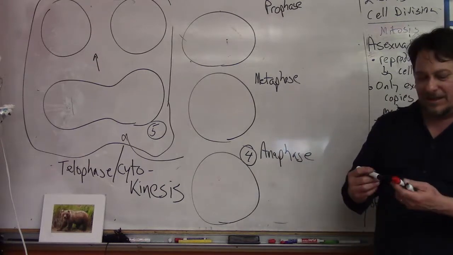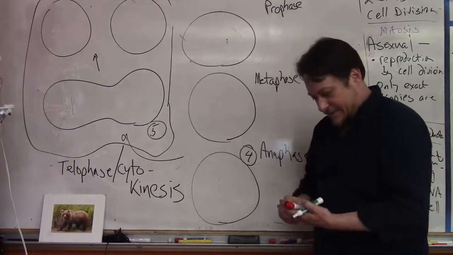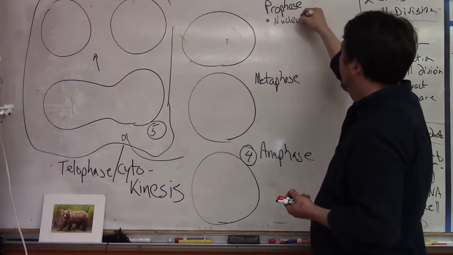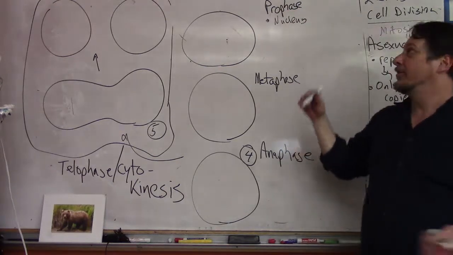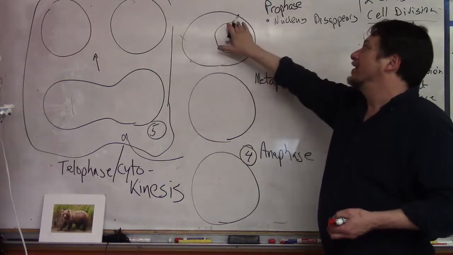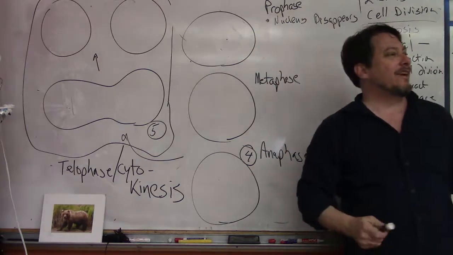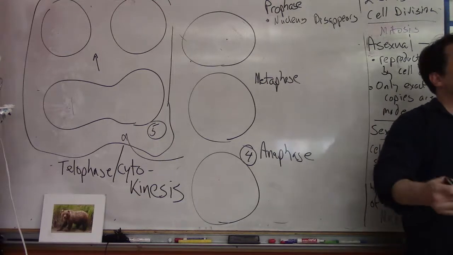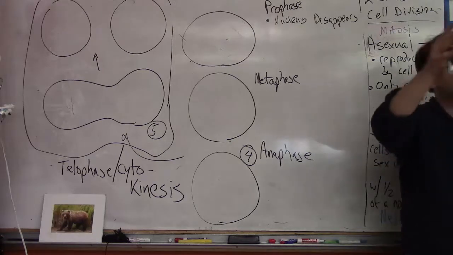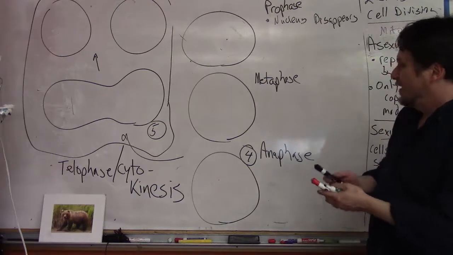The first thing that happens in prophase, well, 3 things happen in prophase, actually. The first one is that the nucleus dissolves. It disappears. We had a nucleus here, but now it disappears. Why is that? It gives more room for the whole thing to happen, so it's not like trying to do all this stuff in a tiny little space. Instead, they dissolve the nucleus to give you all this cell space to do your cell division.